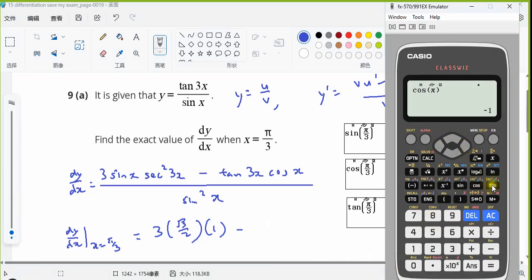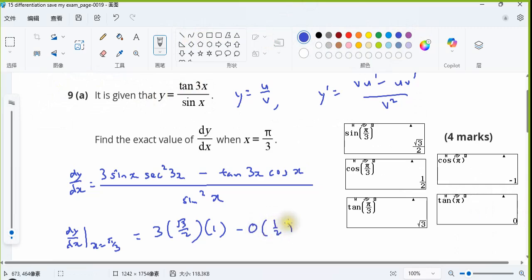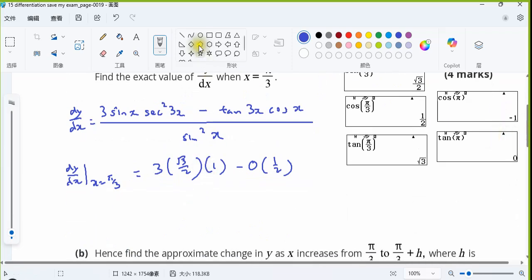So tangent pi is 0. Okay. So 0 times the 1 over 2, and then the whole thing divided by square root 3 over 2 squared.